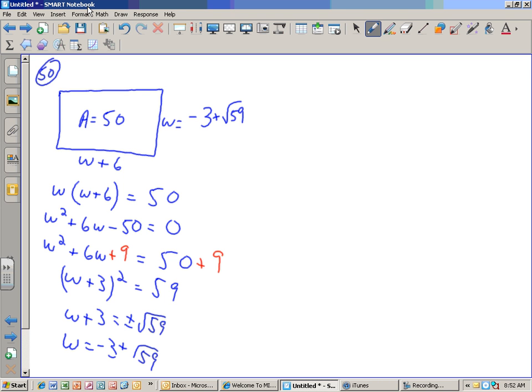And the length is 6 more than that. So if I add 6, the negative 3 plus 6, this would give me a positive 3 plus the square root of 59. There's the length and the width. All right? And I firmly believe this is what I should be seeing in your homework. Okay, I don't think there were any shortcuts taken.